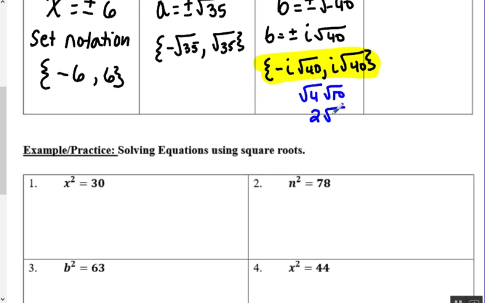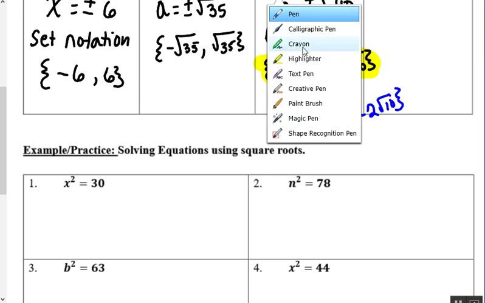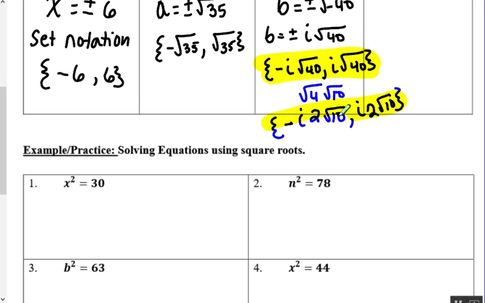So this is 2 square root of 10. You have the i and you have the negative from here, and then comma, and then you have the i, and then 2 square root of 10, and in the blue, that is your simplified answer. I'm okay with taking either of them. Oh, the blue turned into a black.